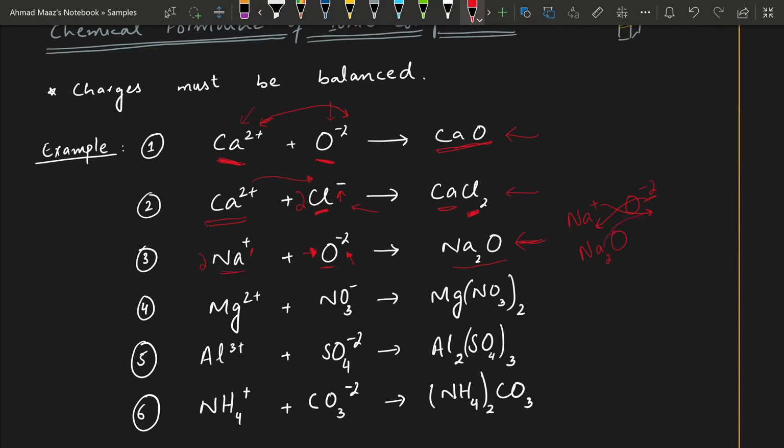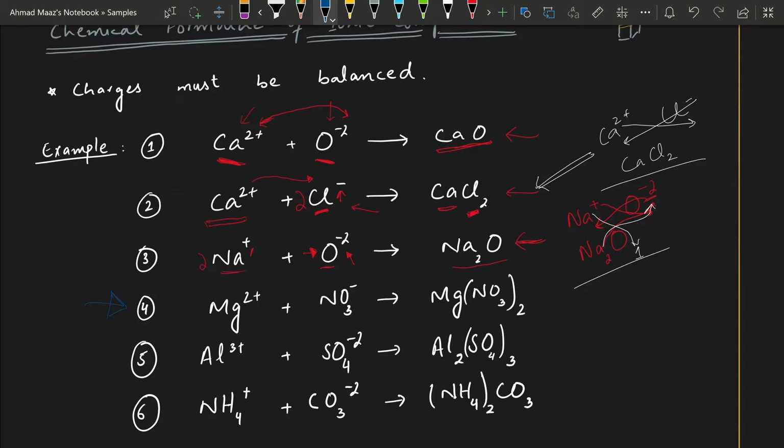The 2 is from the oxide ion, and this is 1. We do not need to write 1. This can also be applied over here. Calcium is 2 positive and chloride is 1 negative. So this 2 goes here and this 1 goes here. Ca1, Cl2.